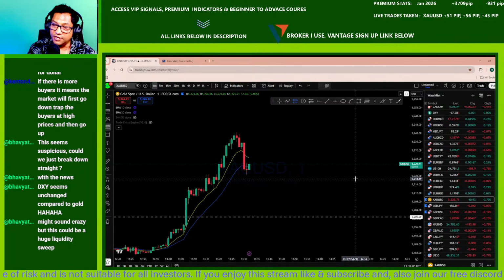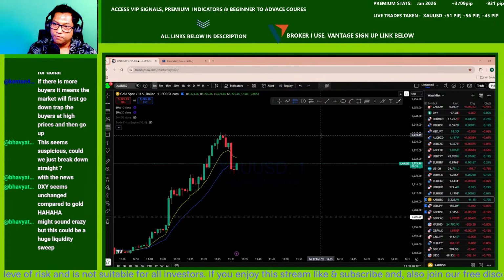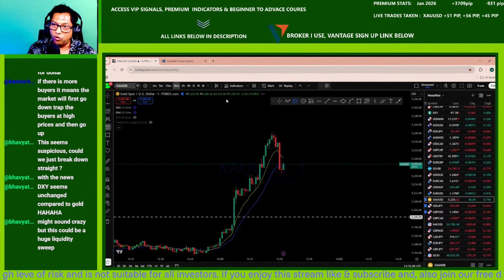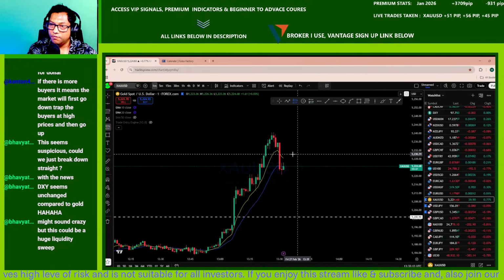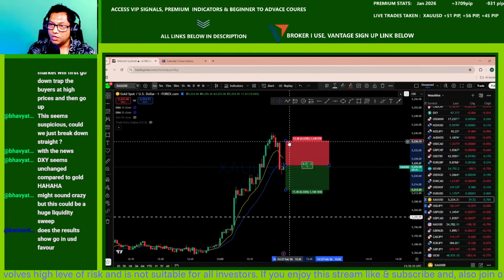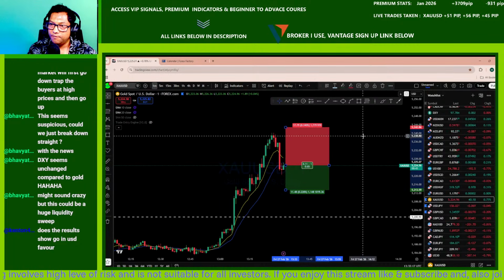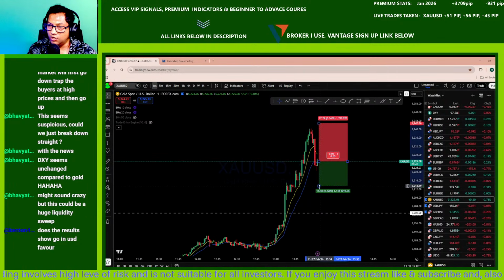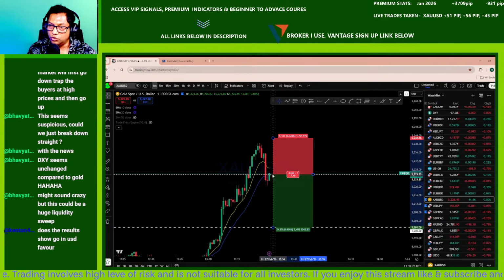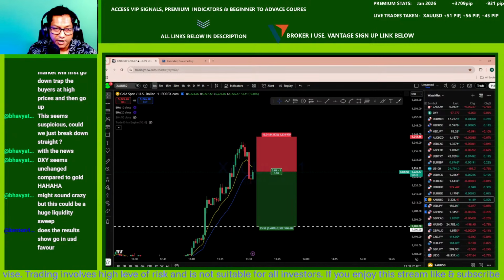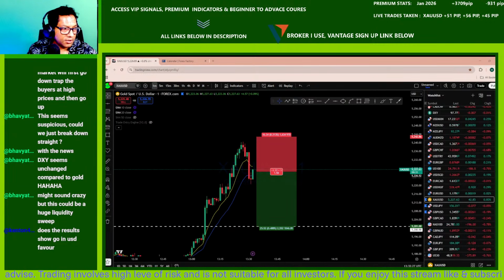Though the market is still in an uptrend, I will be looking for a sell entry as a short term move back below here, keeping the stop loss above this high and targeting only to this level, the previous swing high here, right? So this is a sell entry by market with a tight stop loss and also with proper risk management, of course.